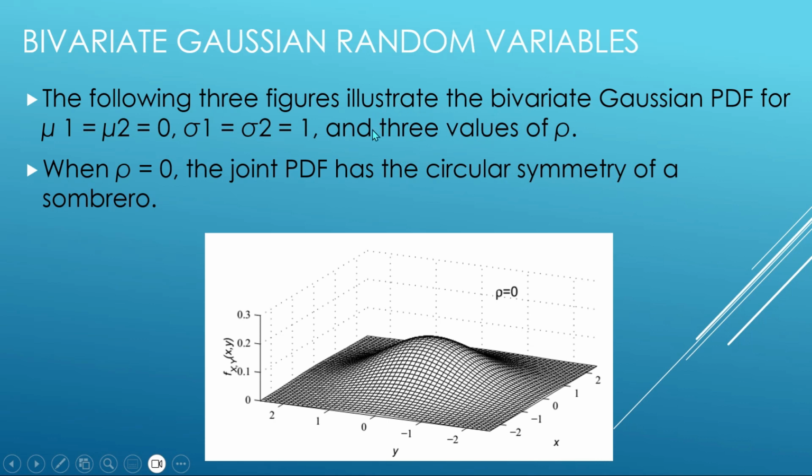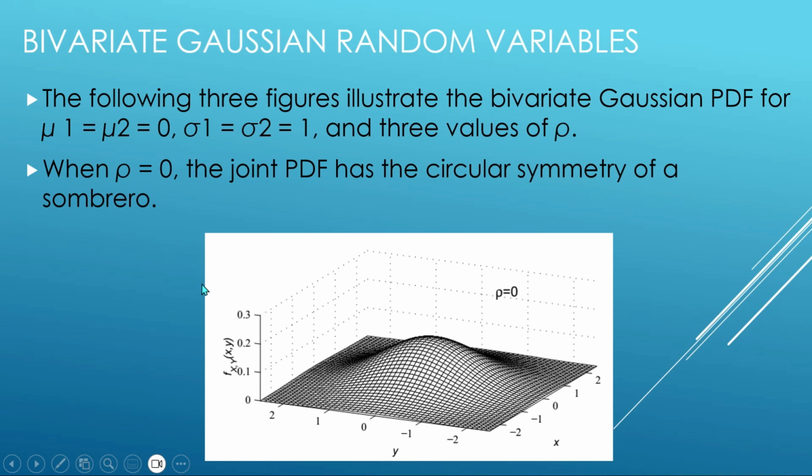The only thing which changes is the correlation coefficient. In the first example, both mean values are 0, their standard deviation is 1, and the correlation coefficient is also 0.